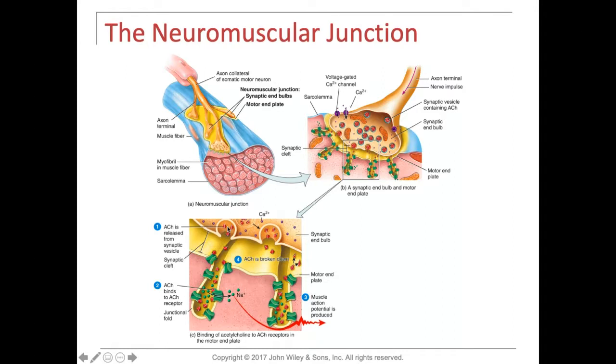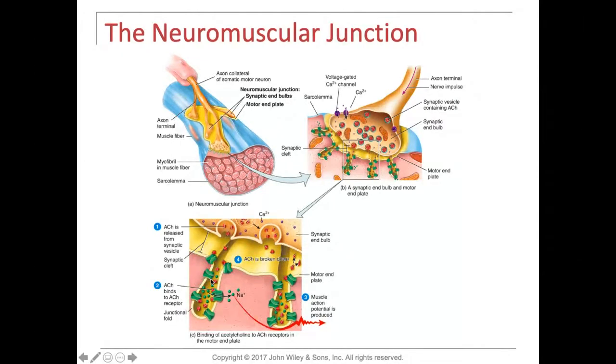So acetylcholine, this neurotransmitter, is now moving into the synaptic cleft, and it's looking to bind to something on the muscle side called the motor end plate. Now, the motor end plate has these channels or receptors. You see the green structures here.